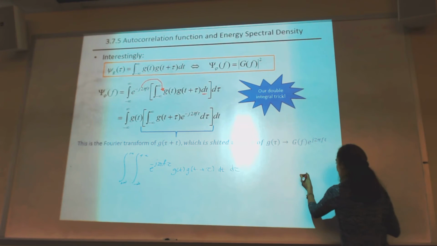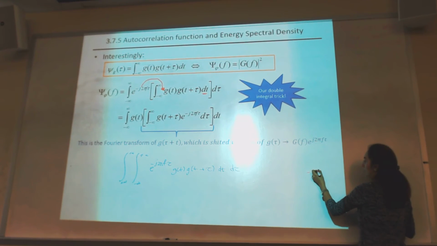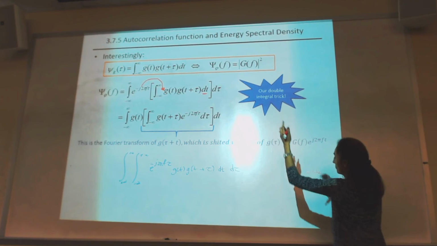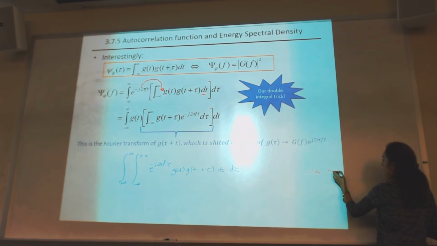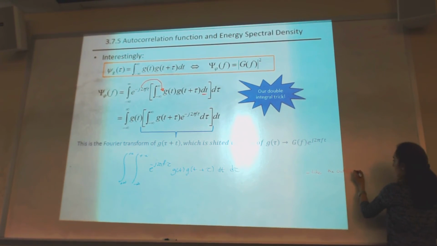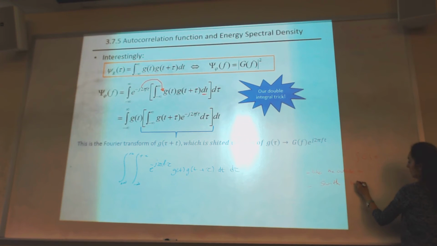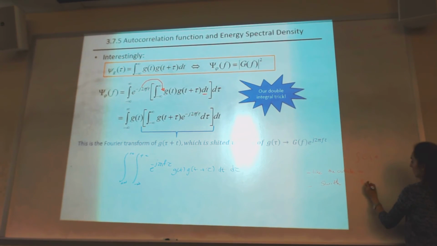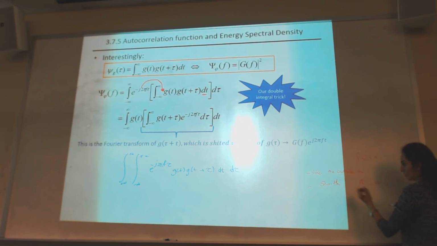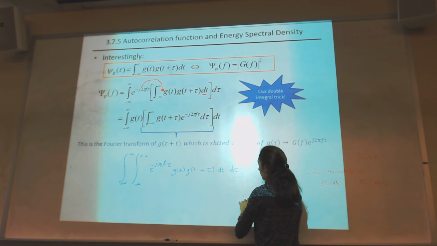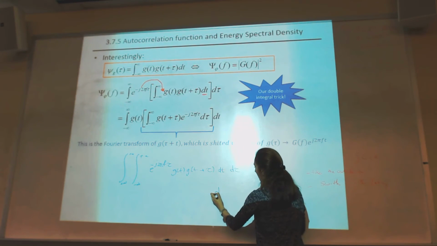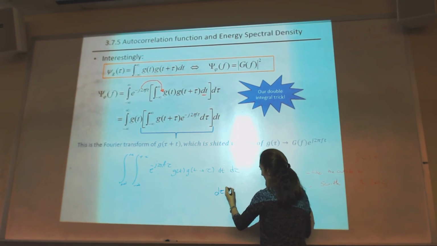So it's always three steps: take the one outside inside the other integral, and then second step, switch the integrals. So if I switch these two, I have the tau here and then the t.